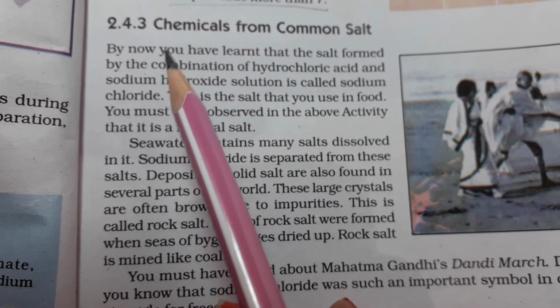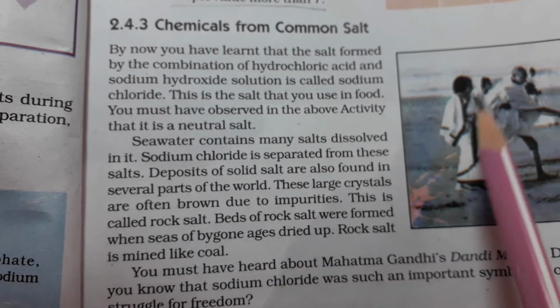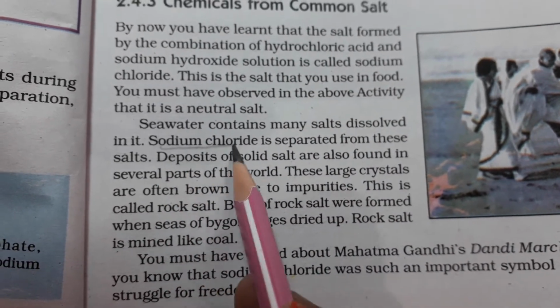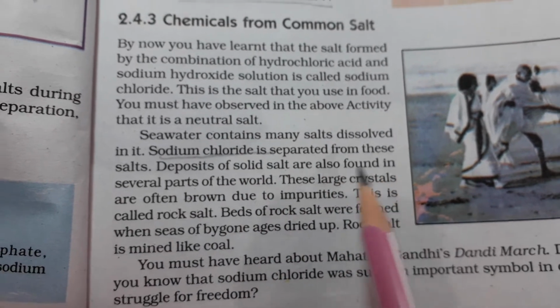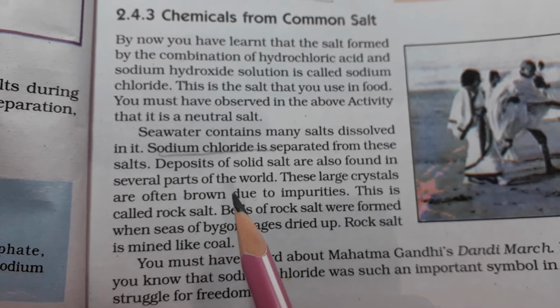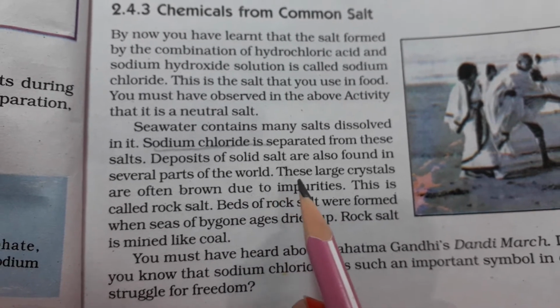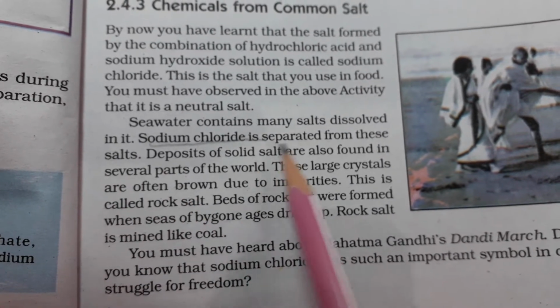Now, we will see the chemicals from common salt. As you know, sodium chloride, NaCl, is the common salt that we use in our kitchen to make our food tasty, and it is obtained from sea water.